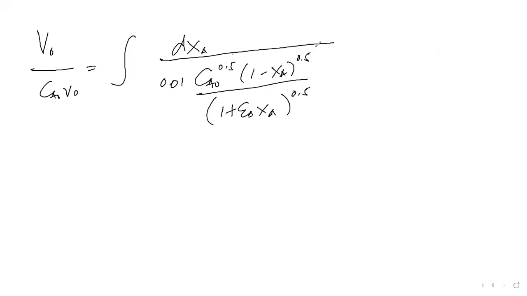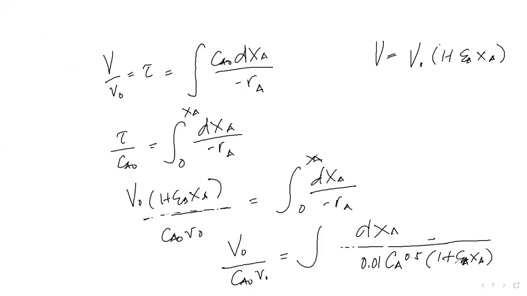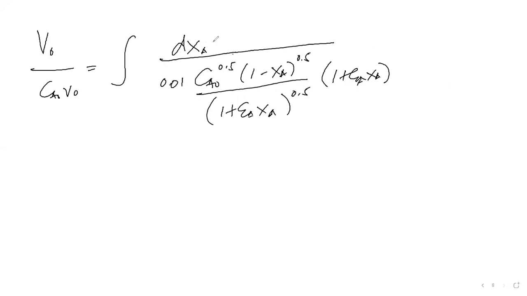Everything is raised to 0.5 because this is your CA when you need to account for the fractional change in volume, or expansion factor. So in that case, you have 1 plus epsilon A XA, the one that we had here. To simplify, you can see that this one will cancel with this, and you are left with 0.5 here.